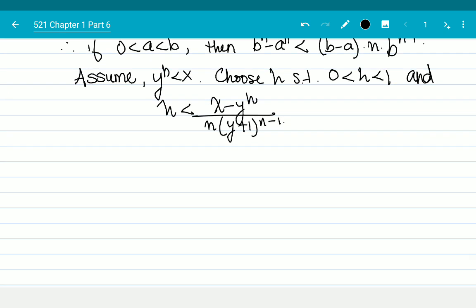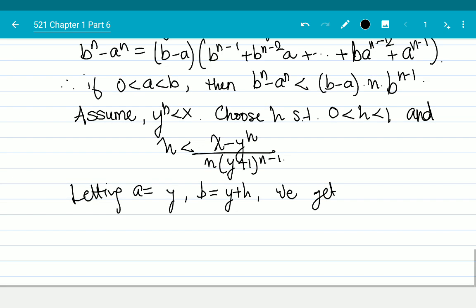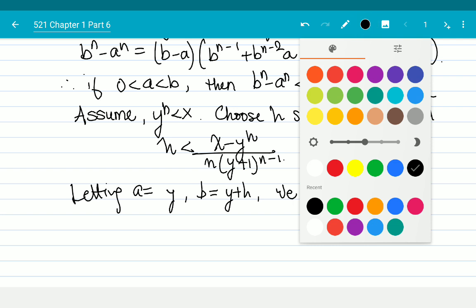It is always possible to do this because the rationals are dense, or the reals are complete, whatever you want to say. Then letting A be equal to Y and B be equal to Y plus H, let me just write this as star.